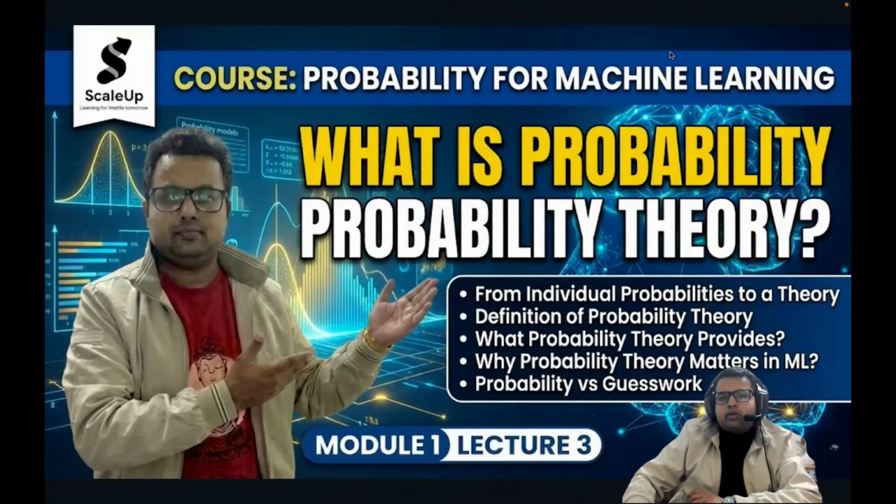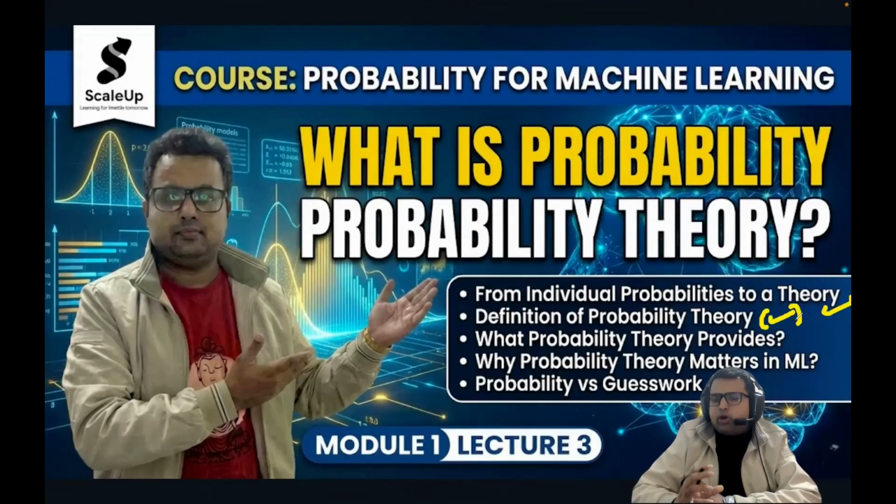Looking at the key topics of this lecture: first, from individual probabilities to a theory. Then the definition of probability theory, what exactly it is and how it is different from probability.